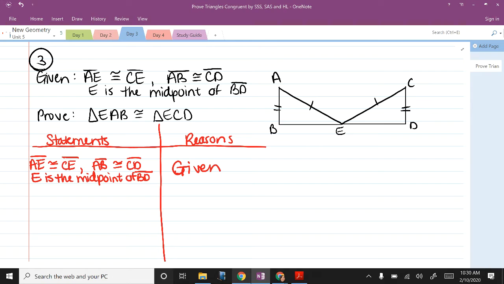Like I said, if this was on a worksheet, when you're filling in the blank, they might split it up and make three different givens, sprinkled all throughout your proof. But this is a short proof, so.